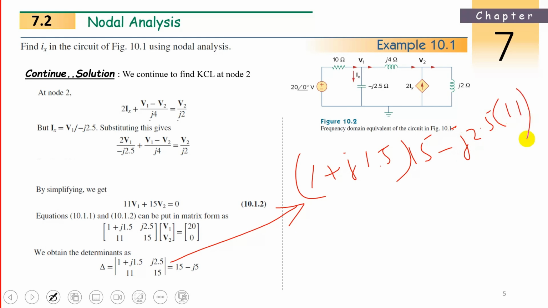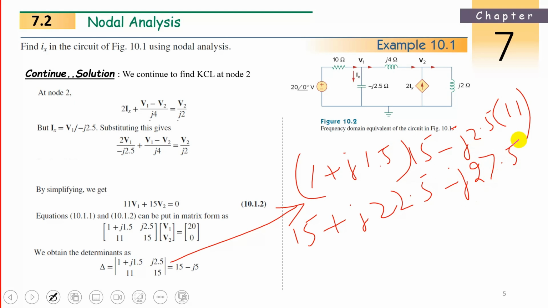Now 15 into 1.5, how much? 22.5. So it is j22.5 minus 11 into 2.5, 27.5, minus j27.5.